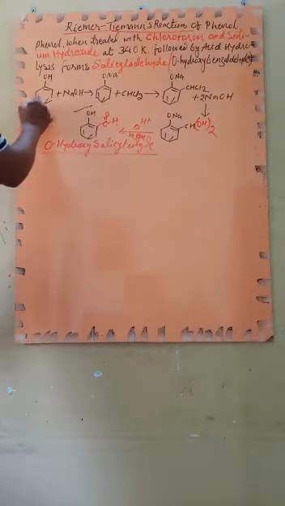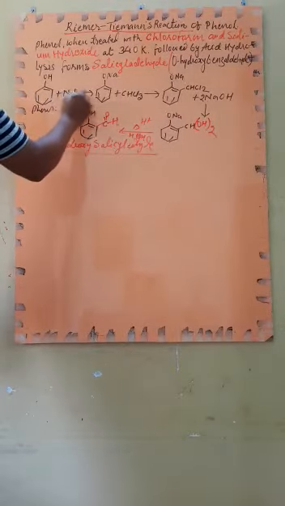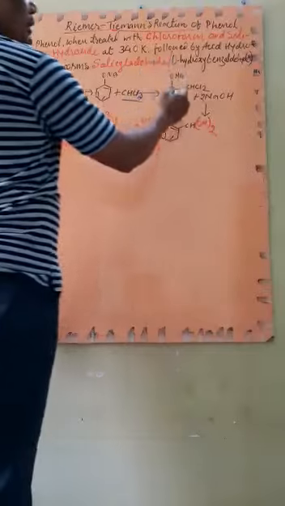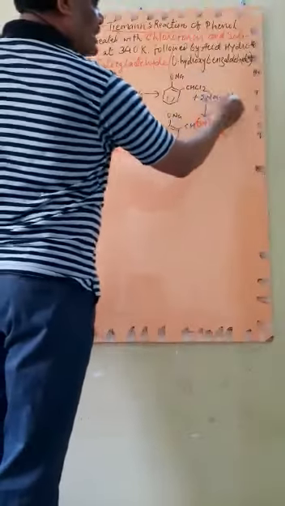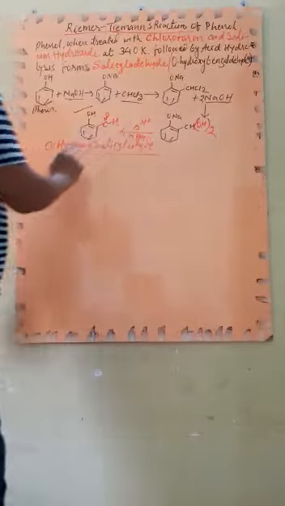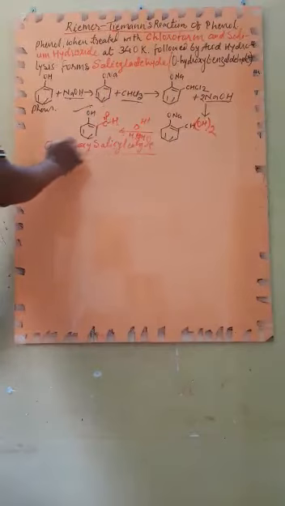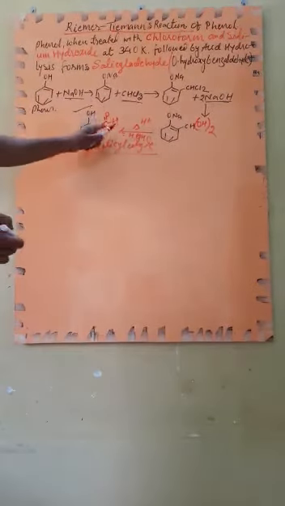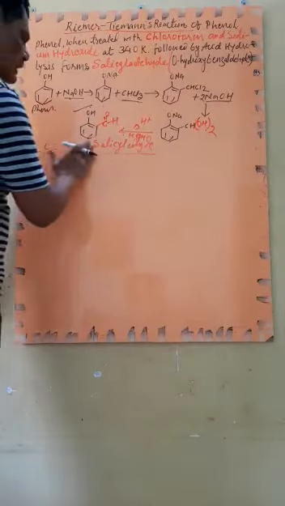Again here, phenol is first treated with sodium hydroxide to form sodium phenoxide, which then reacts with chloroform to form this compound, which on reaction with 2NaOH forms the dihydroxy compound, and which on hydrolysis gets converted into ortho-hydroxy salicylaldehyde. Again, this can be converted on oxidation into salicylic acid, but we will see this in a later reaction.